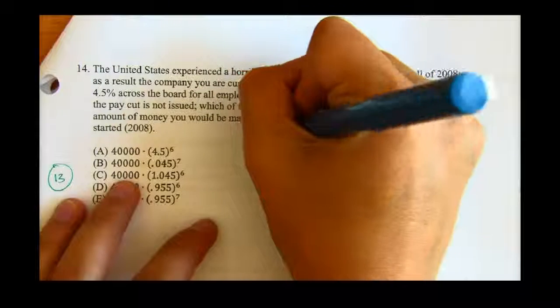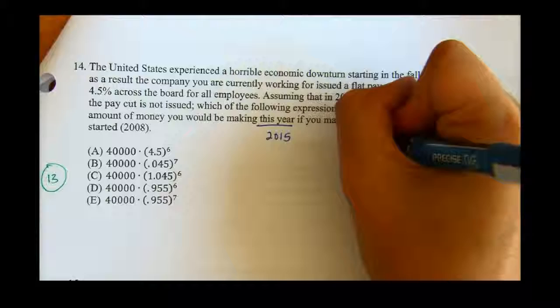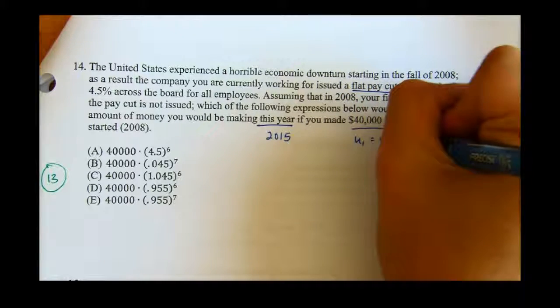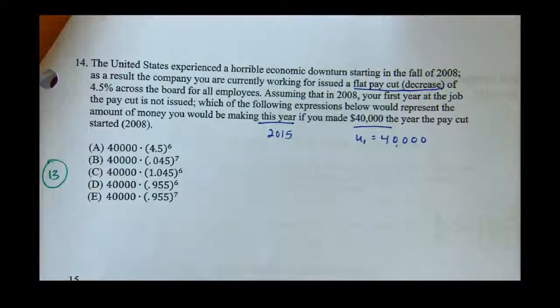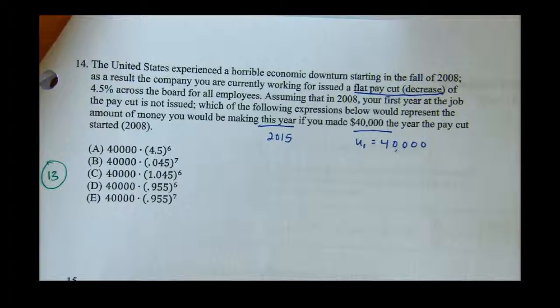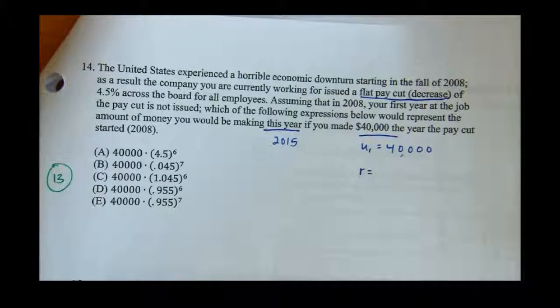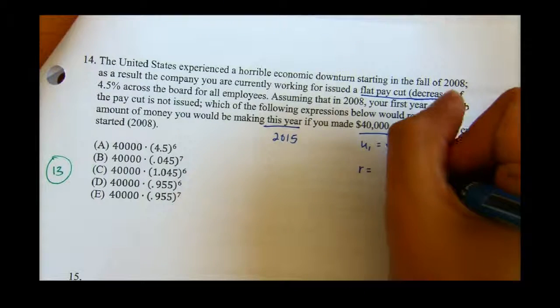So this year it's 2015. If you made $40,000 the year the pay cut started, so my U sub 1 is $40,000. I'm getting a 4.5% decrease. When I've got 4.5% or a percentage increase or decrease, that's going to be my rate. But my rate is not just going to be 4.5.